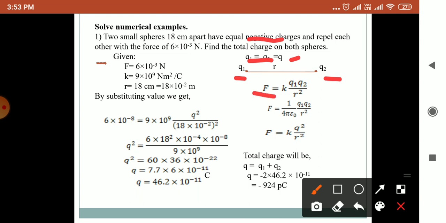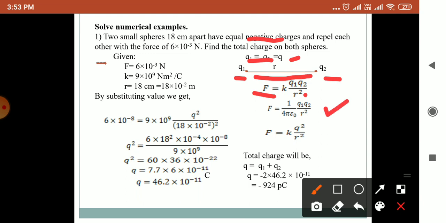So from Coulomb's law we have the formula for force, F equal to K into Q1 Q2 upon R square, where R is the distance or separation distance between Q1 and Q2.